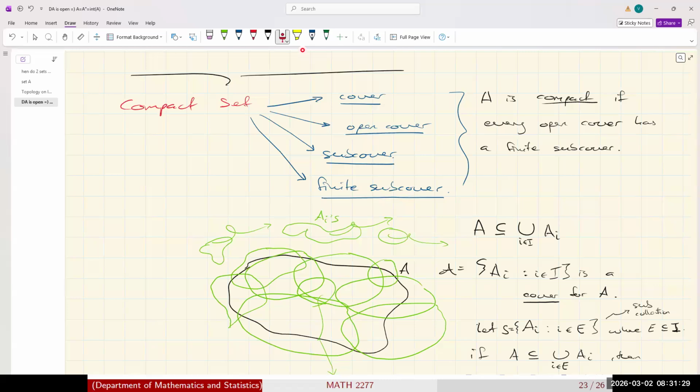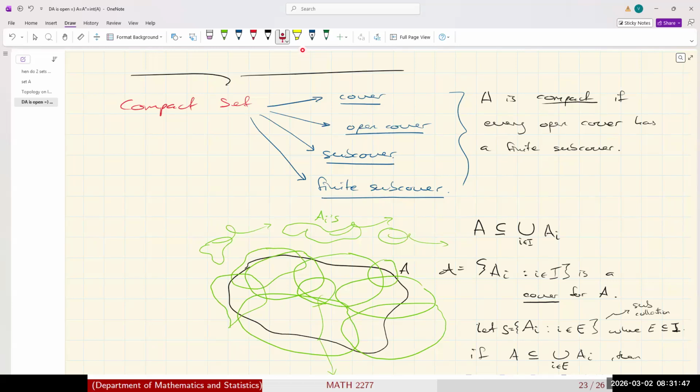I say you gave me too much. Okay? I could collect a finite amount of those sets from the open cover you give me, a finite subcover that still will cover it.